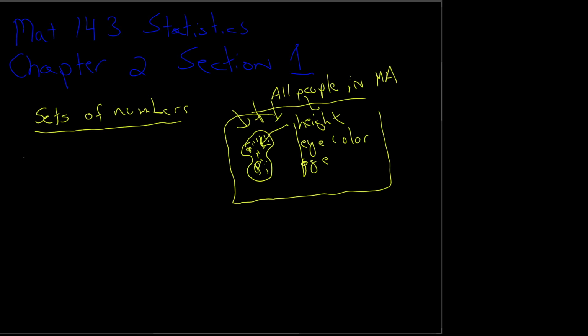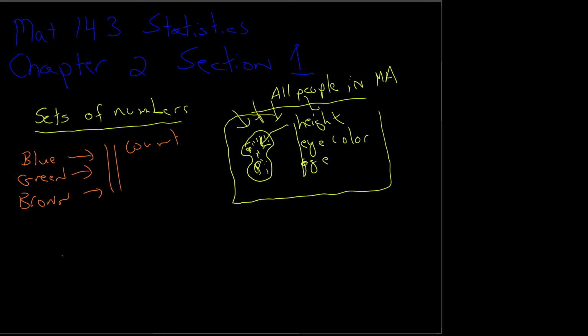So if I were looking at eye color, I would get categories of blue, green, brown. I think these are the three main eye colors. I know there's no reds. And we would have to count. We would count the number of people with the different eye colors from our sample.